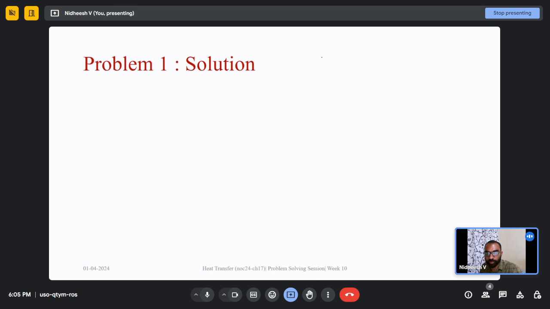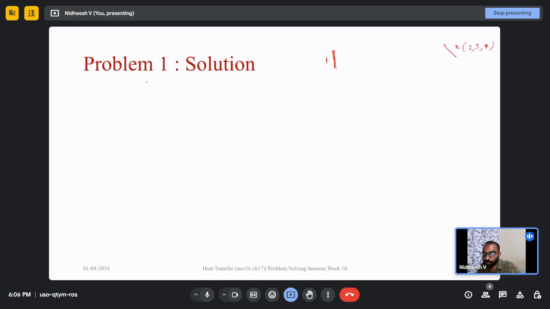Say there is an emitter, surface 1, and some receiver, surface X. It could be 2, 3 or 4 in our case, and surface 1 is the emitter. So what is the expression for irradiation?